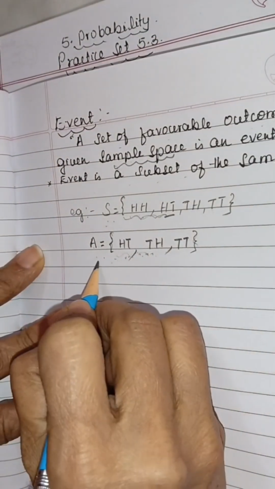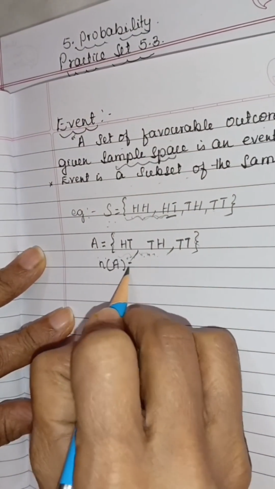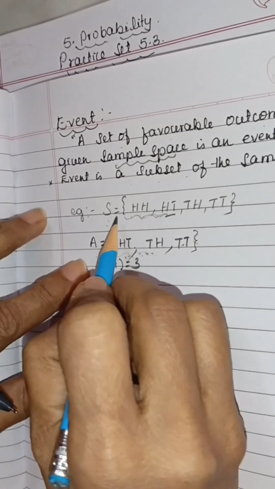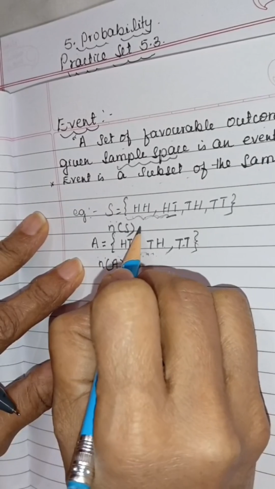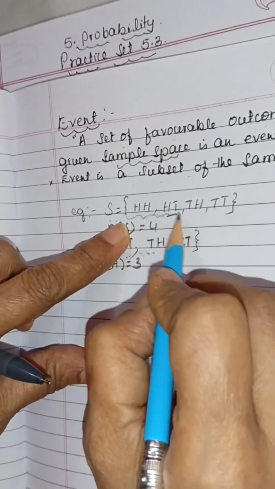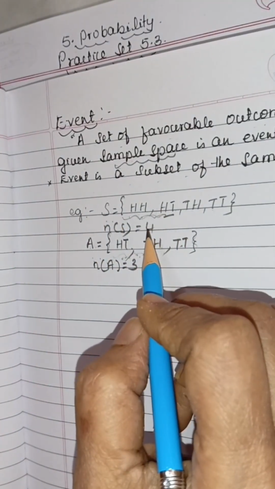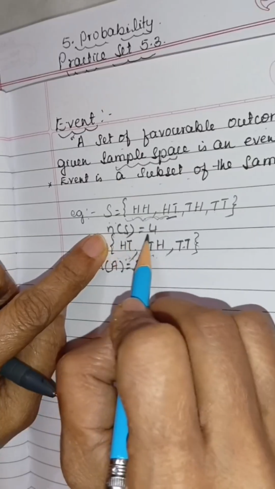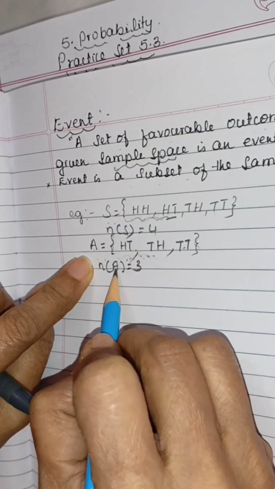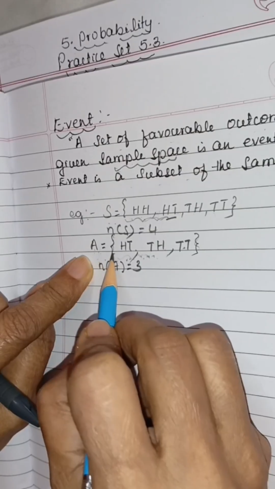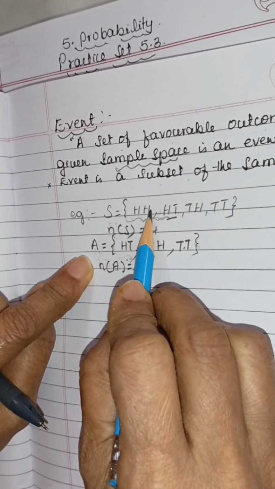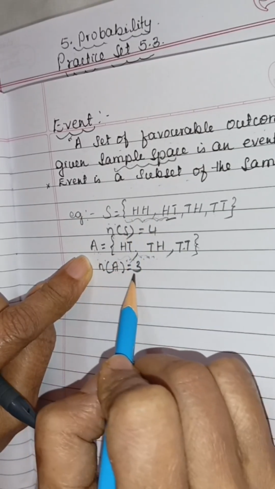The number of sample points n of A is 1, 2, 3. Here n of S is 4, the way you used to write in practice set 5.2. But this is event A, a subset of the sample space, so n of A is 3.